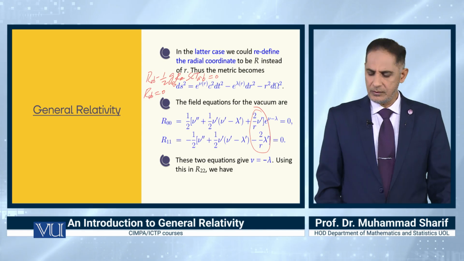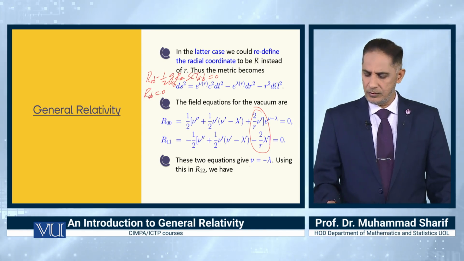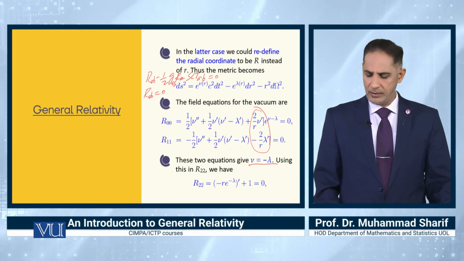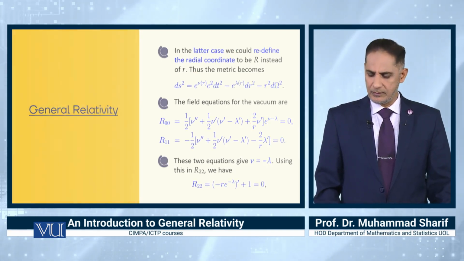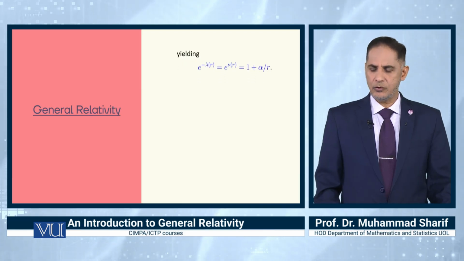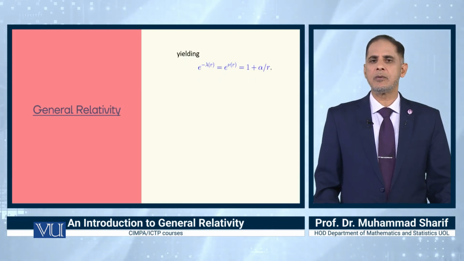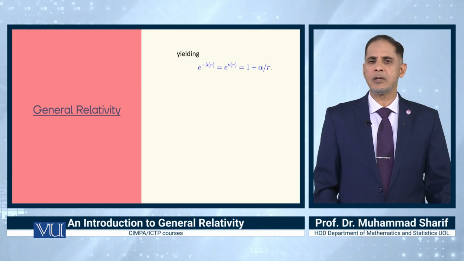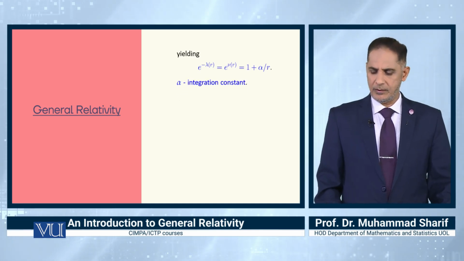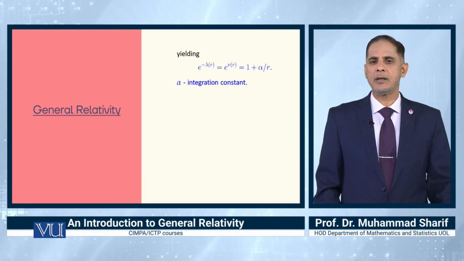Now, using this output in the R22 component, here is the R22 component, and when we integrate this, we find that e raised to the power minus lambda is equal to e raised to the power nu, and this is equal to 1 plus alpha over r. Here obviously alpha is an arbitrary integration constant.